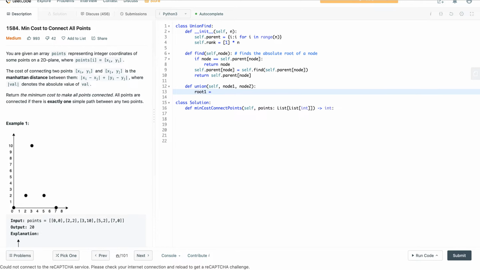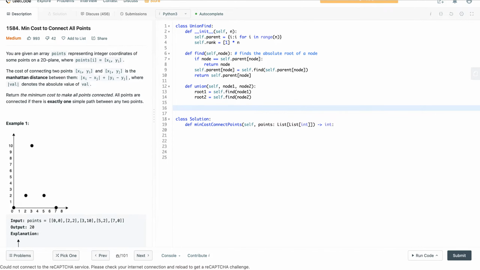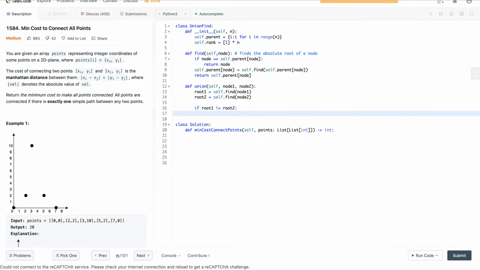So root1 = self.find(node1), and root2 = self.find(node2). And if root1 does not equal root2, then it means they don't have the same absolute root, and we need to union them together. So now we have to do union by rank: we figure out which rank is greater, and then we merge the smaller rank one into the greater rank one.